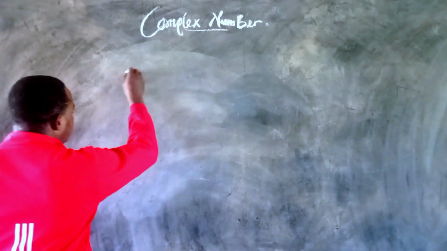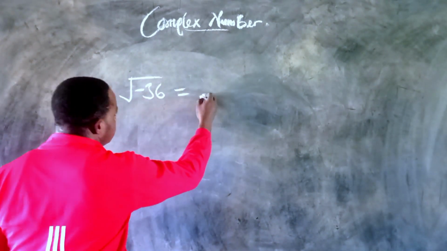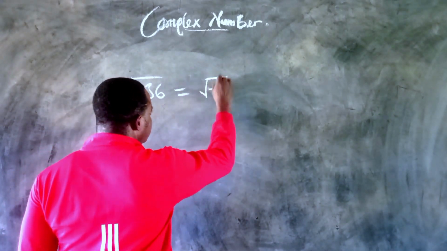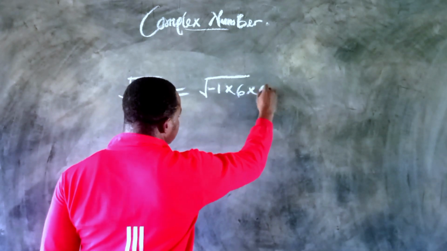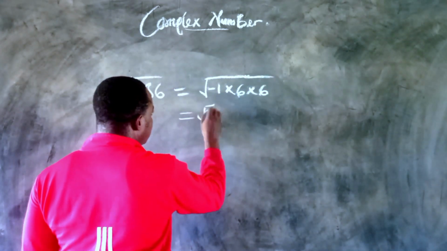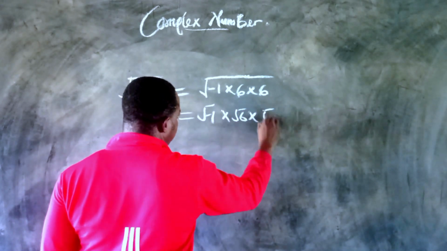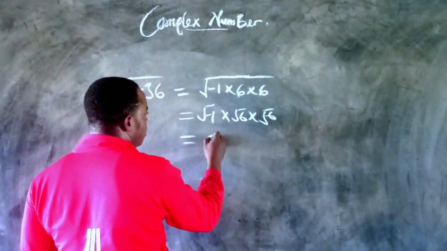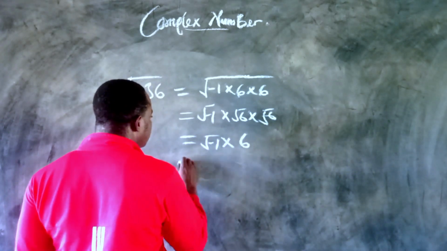Well, look at this. So we have the square root of -36. You will agree this can be split into the square root of -1 multiplied by 36, where 36 is 6 multiplied by 6. So this would be the square root of -1 multiplied by square root of 6 and multiplied by square root of 6. That would be square root of -1 multiplied by 6, right?